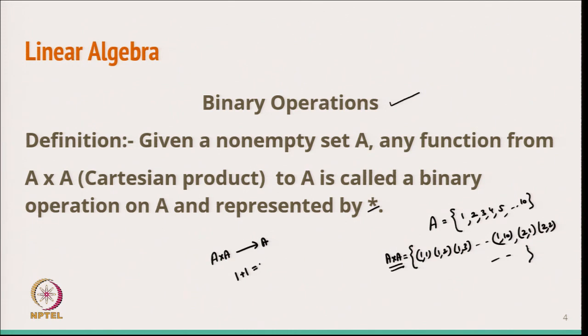This is going to be 2, and 2 is also in A. So, I can say that I have defined this binary operation as the plus sign. In this way we can define binary operations.